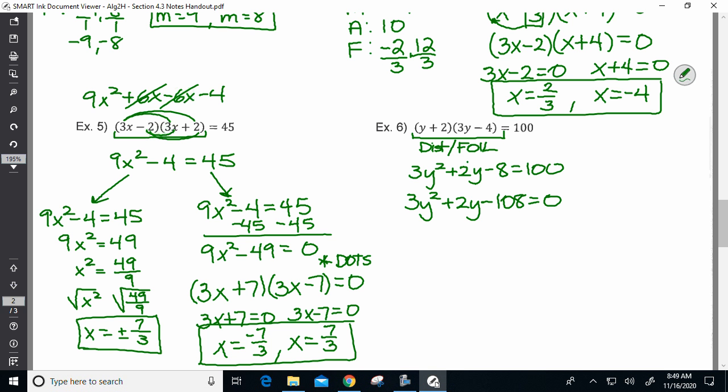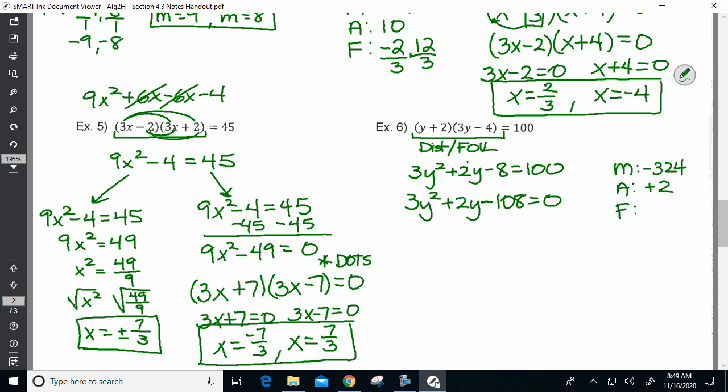So it's still an MAF problem. Since it's still an MAF problem, we need two numbers that are going to multiply. So 3 times negative 108 gives you negative 324, and adds up to a positive 2.